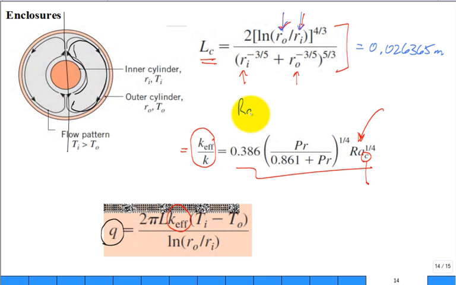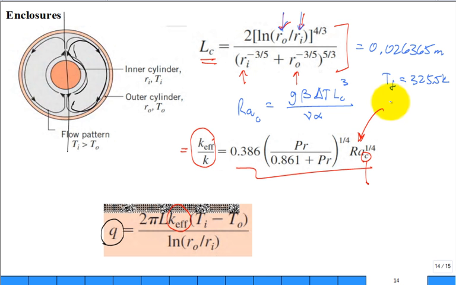It uses that characteristic length, g, which we know, beta, which is 1 over the film temperature, and the delta T between the inner and outer temperatures, which was given. Then we have this characteristic length cubed, which we just calculated, over nu alpha. So we calculate the film temperature, and then the properties at that film temperature. It's around 325.5 Kelvin for the film.